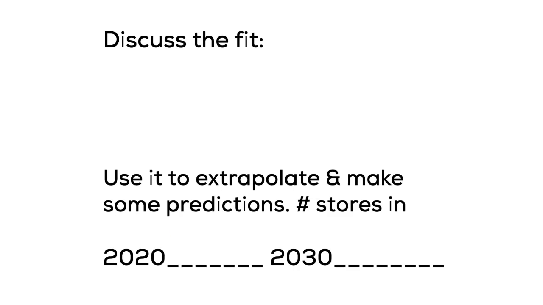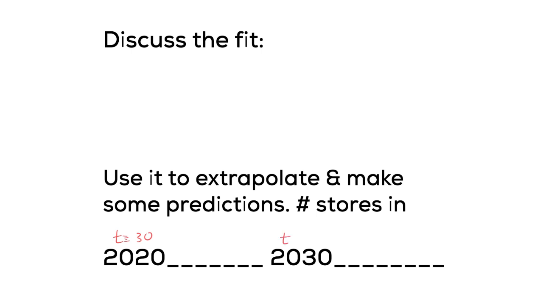Then our goal was to discuss the fit, and it did fit really nice. Then we used it to extrapolate. Extrapolate means that you predict something beyond what the data shows, so we look toward the future from the data we had. So we did 2020. Remember that 1990 was year 0, so we did second trace, value, and put in 30, because this is really time 30.